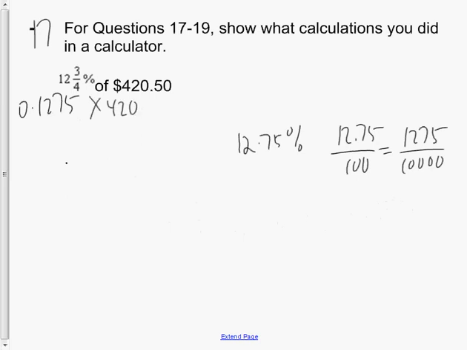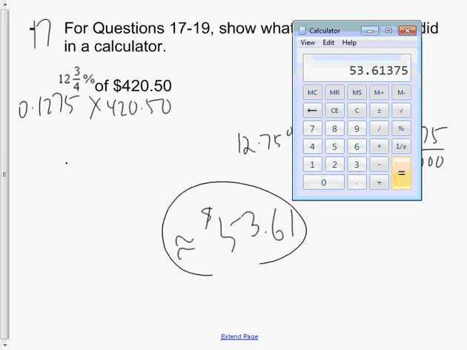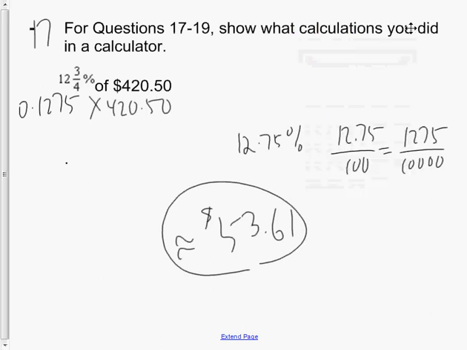And if you multiply that by 420/50, so therefore if I take my calculator and go 12 3/4% of 420/50, the answer is $53.61 approximately. So that's your answer, rounded to the nearest cent.